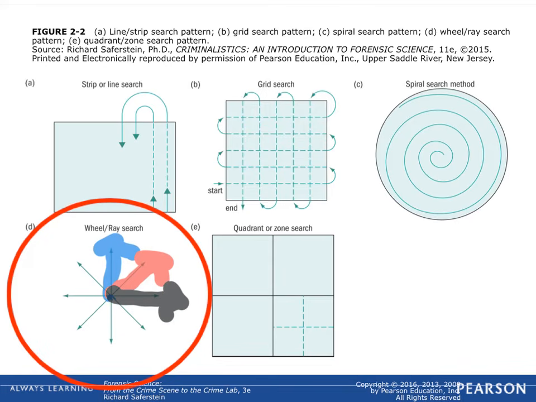So one con for this search pattern has to be the fact that, depending upon the number of people you have, you could overlook evidence in the spaces between the different investigators. So the higher the number of investigators that you have, the better.